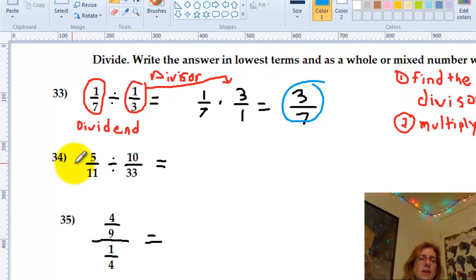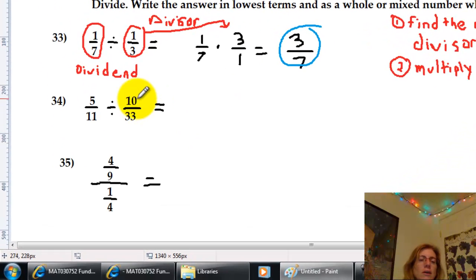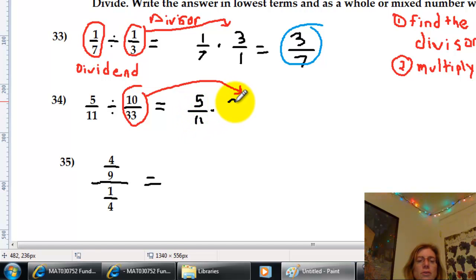Okay, so let's follow the steps for number 34, which is find the reciprocal of the divisor and multiply. So the reciprocal of this divisor will be, we've got 5/11 times 33 tenths, because I turned that around.